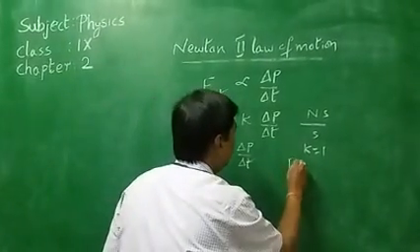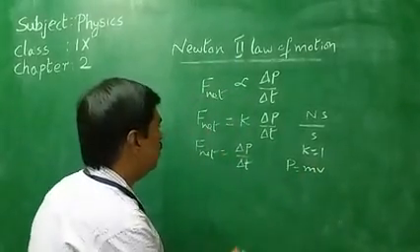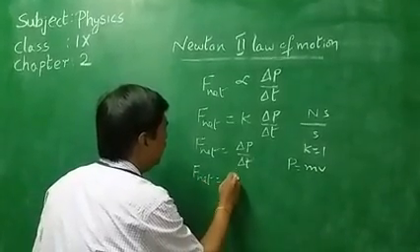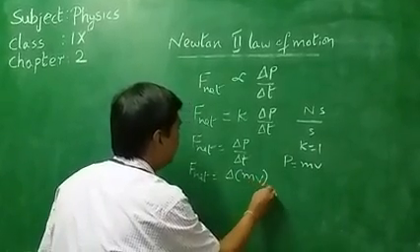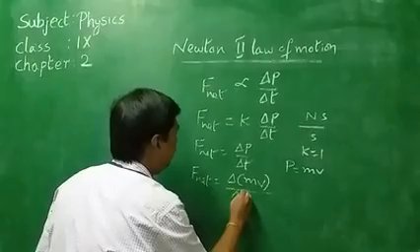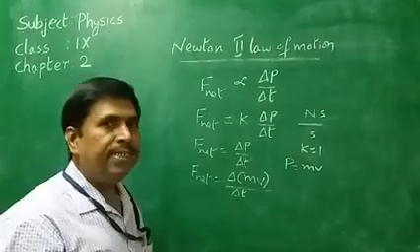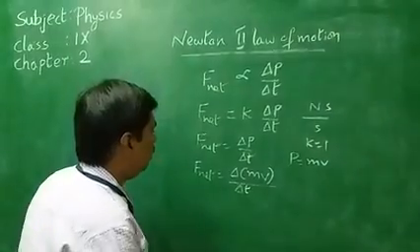We know very well momentum is a product of mass and velocity. So momentum is equal to mass into velocity. So you can write F net is equal to, in place of P, mass into velocity divided by time, delta T. We know mass is constant. So mass can be taken to the other side.